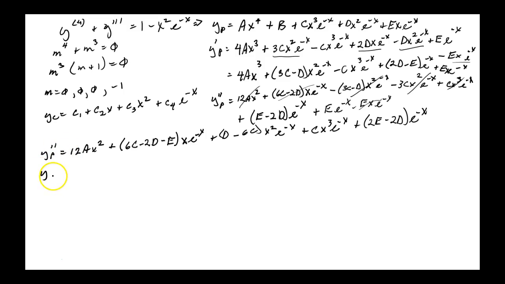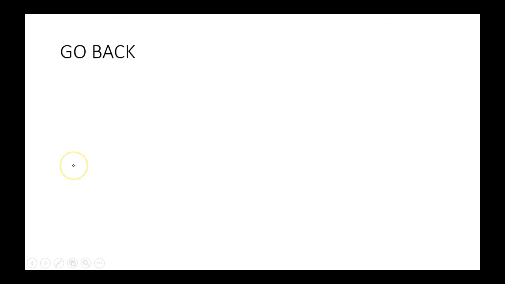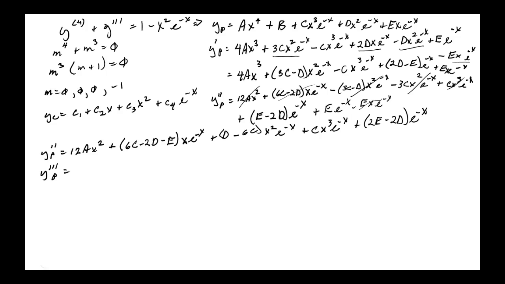Y triple prime of the particular function is, well, I know I could do more with that 24ax. Yeah, 24ax. All right, plus 6, times x, a 6c minus 2d minus e times e to the minus x, right?